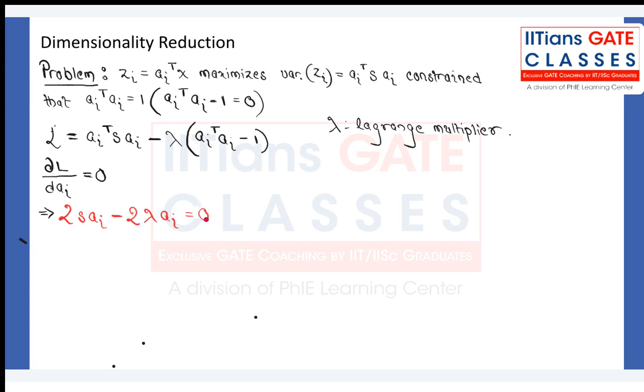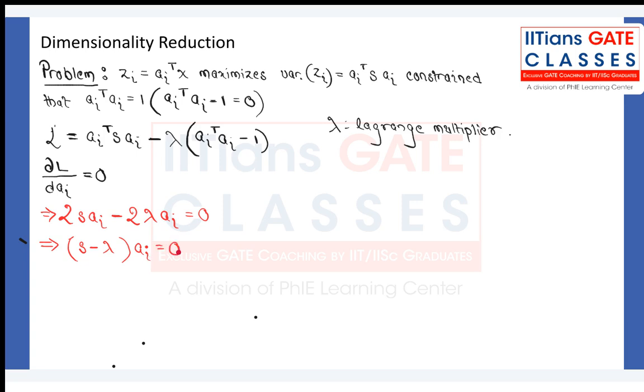Now you might want to simplify here. 2 and 2 cancel out. So I can write this as S minus lambda AI is equal to 0.